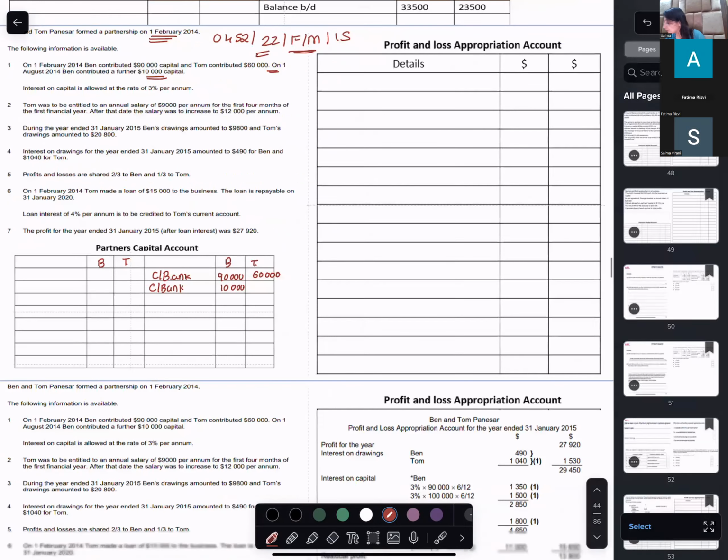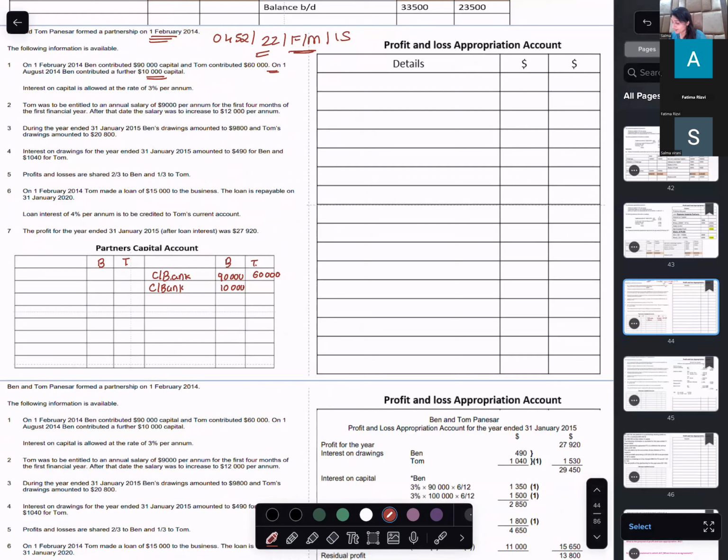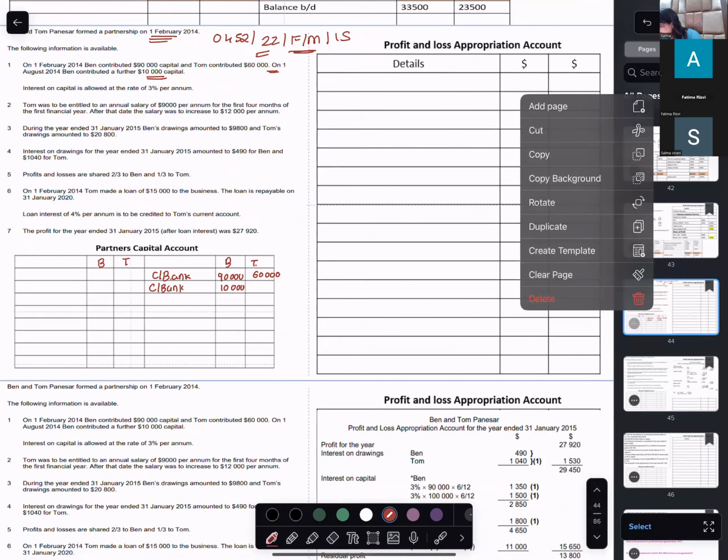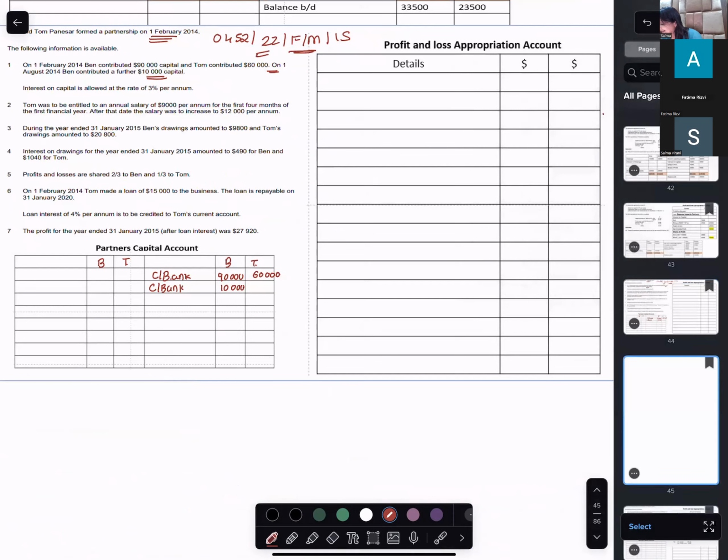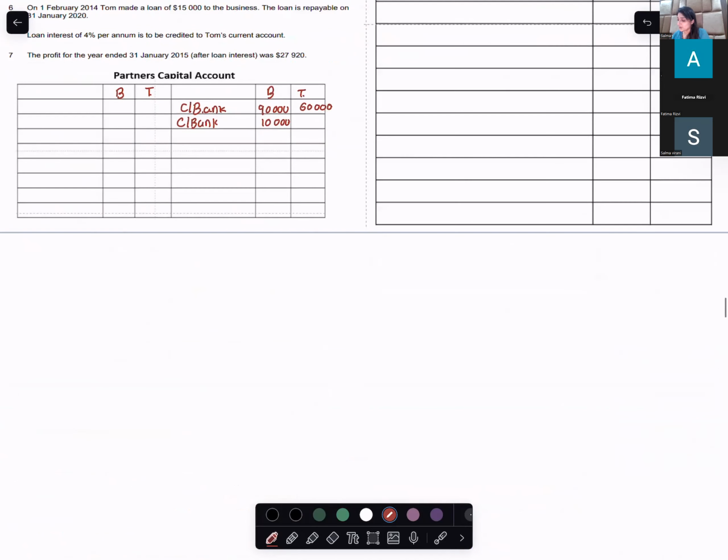There is one rule that I want to introduce over here. Whenever there is additional capital and the dates are given, you can write it along with me.